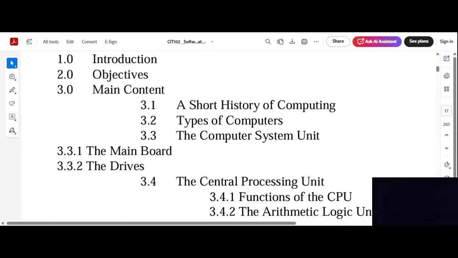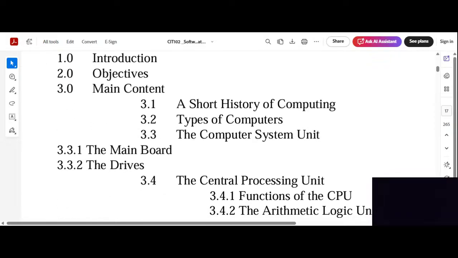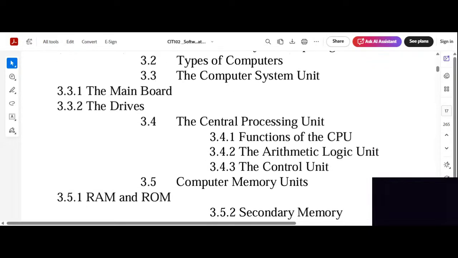So we'll talk about a brief description of a computer system. We'll talk about a short history of computing, then types of computers that we have, and of course the computer system unit. That is what we'll be talking about, the main board and the drives. That is in your CPU when we get there.